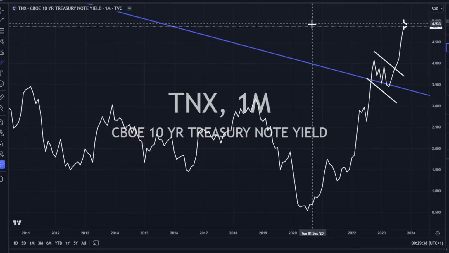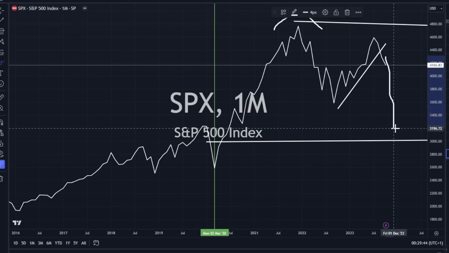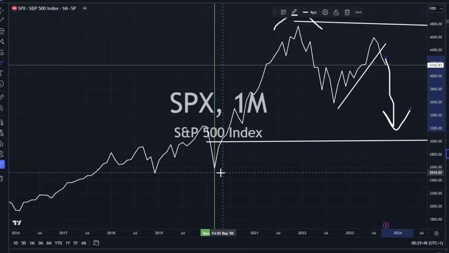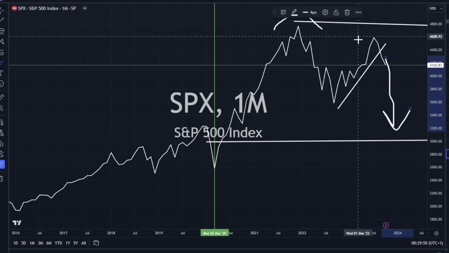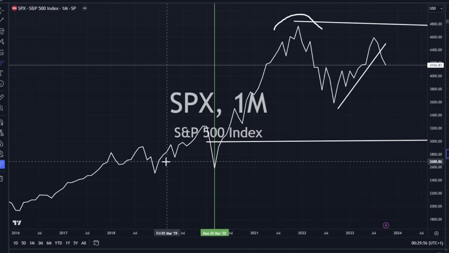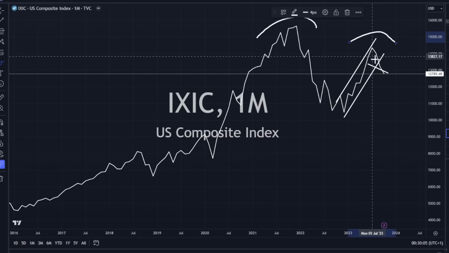And this should reprice assets. And we haven't seen the big repricing of assets yet. I think we are going to head lower in the pricing of these assets. I think this is probably a double top potentially, and that we see a lowering of the S&P and the NASDAQ. The NASDAQ is this one here. So I think that this is probably a double top.